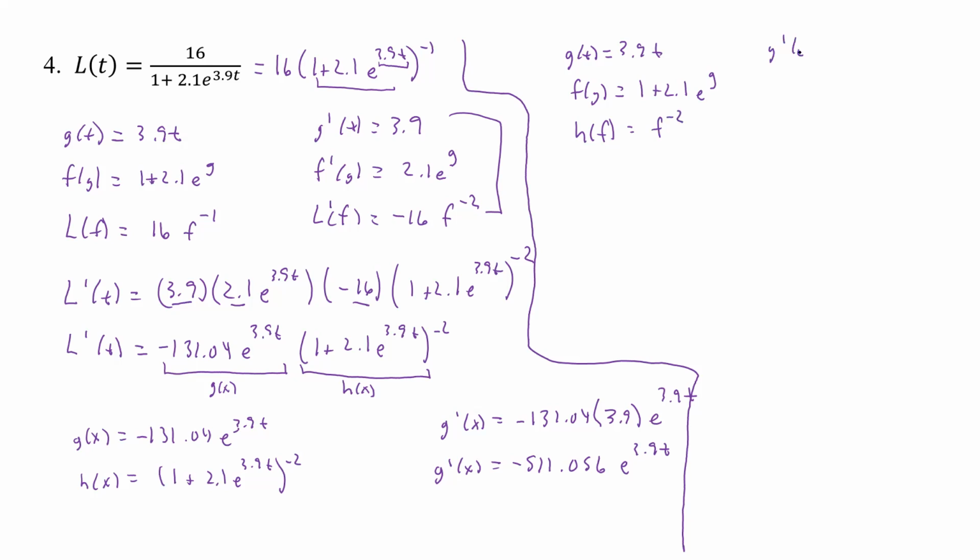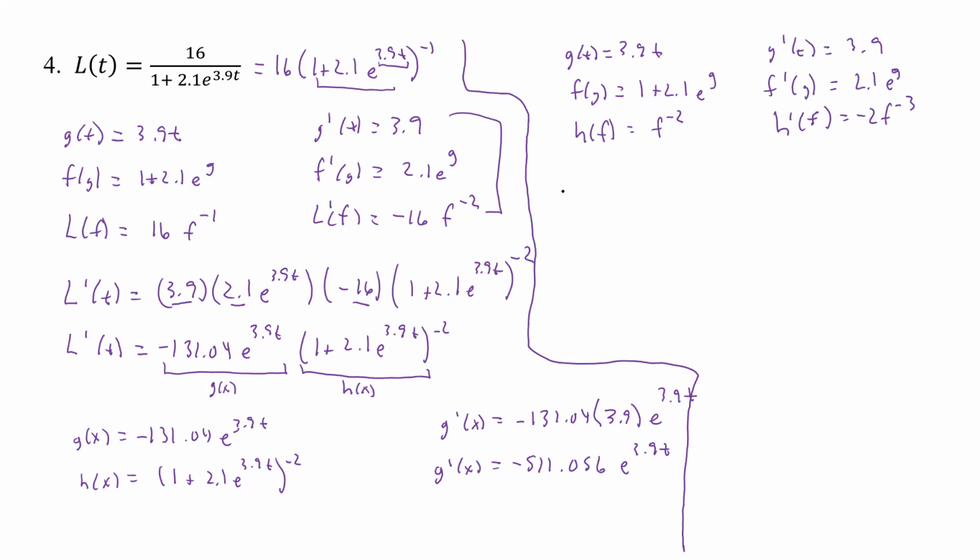Well, g prime of t is 3.9. f prime of g is 2.1 e to the g, and h prime of f is equal to negative 2 f to the negative 3.